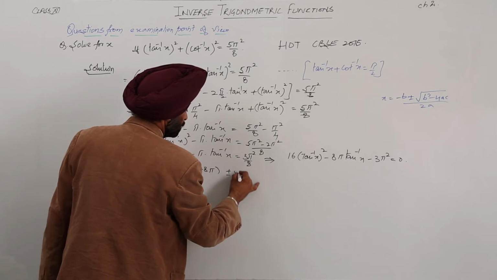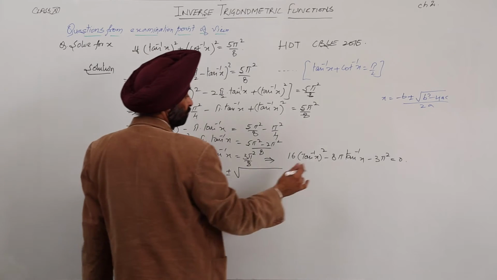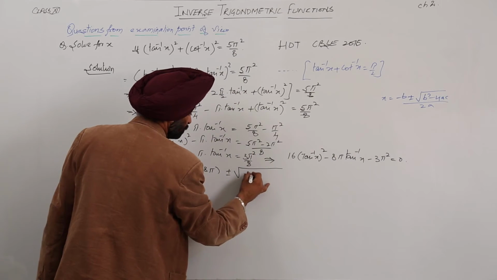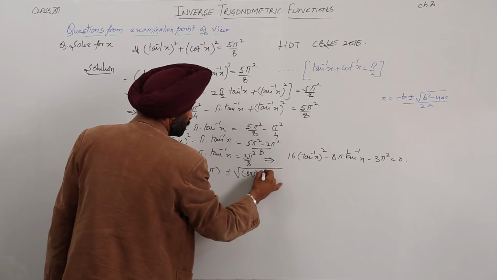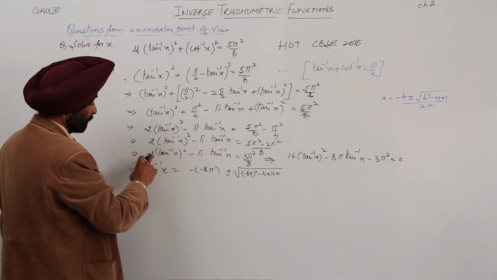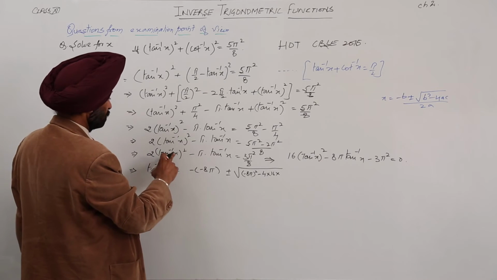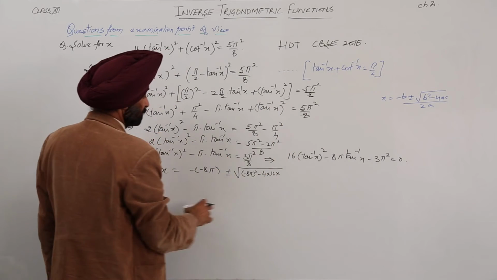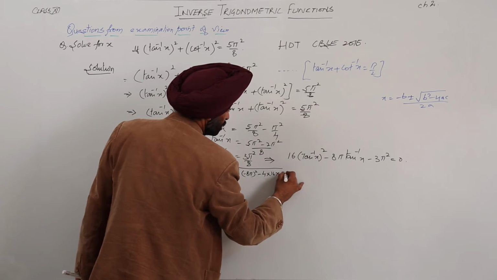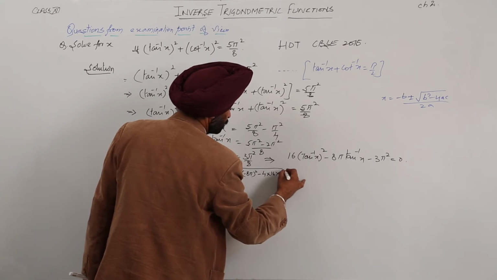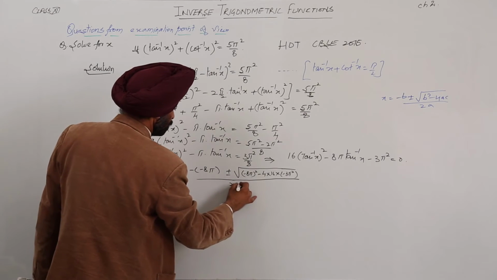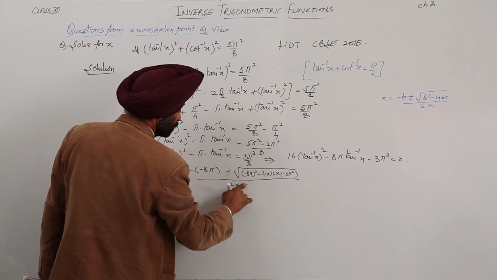square root of b square. b square is what? Minus 8 pi whole square minus 4 times a times c. a is 16, c is minus 3 pi square, upon 2 times a, that is 2 into 16.